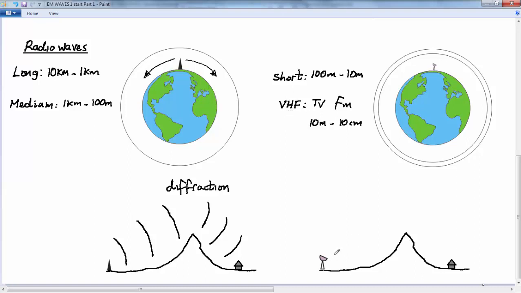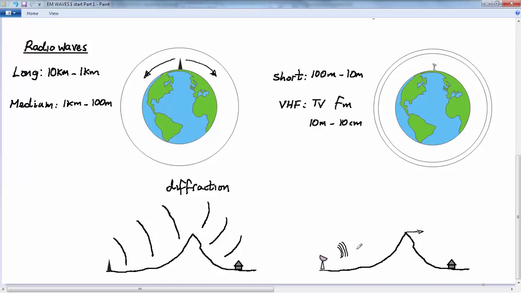Now the problem with shortwave or VHF is that they have very small wavelengths, like this. So they will get blocked by the mountain here, and although there may be a little bit of diffraction of the waves, the shortwave or VHF radio transmissions aren't going to reach this house. They're going to be blocked by the mountain.